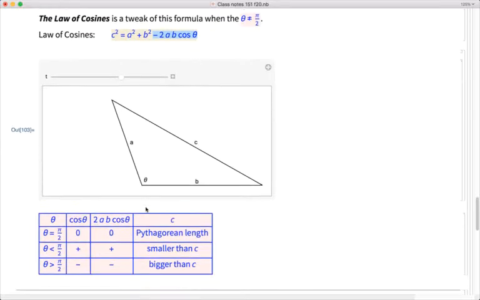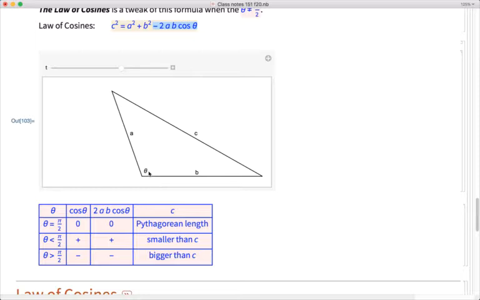Okay, and for what it's worth, when you see this chart here, when the angle is bigger than 90, the cosine is negative, and that means this 2AB cosine term will be negative.